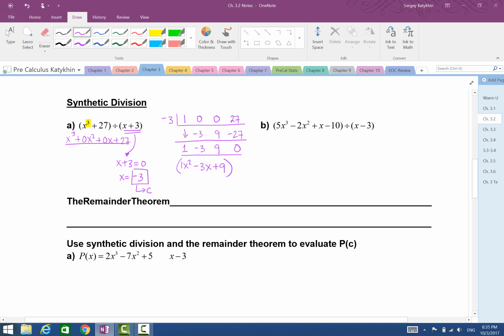We also had the factor here that we started with, so those two are going to be multiplied. So we get x plus 3. So your answer actually is going to be those two multiplied.